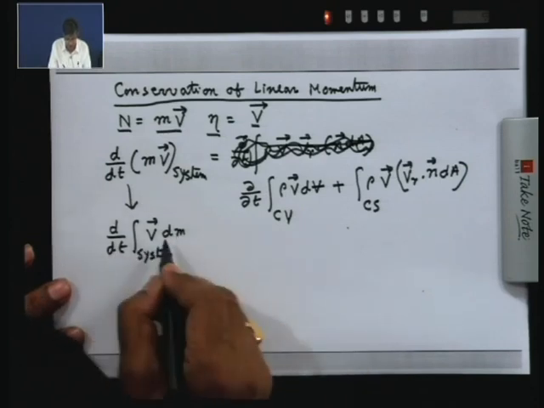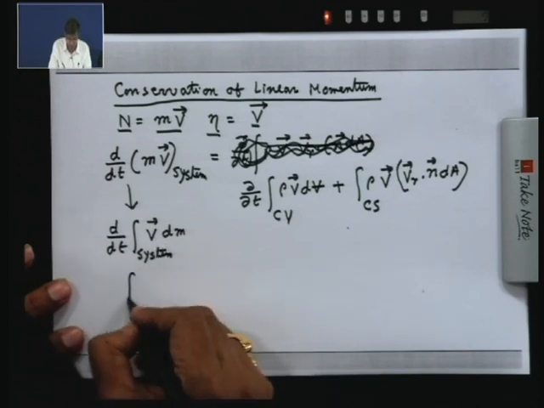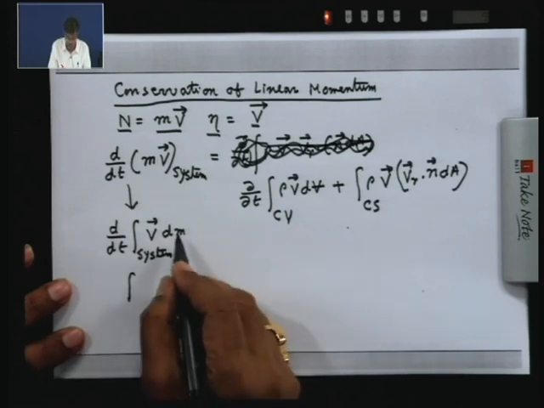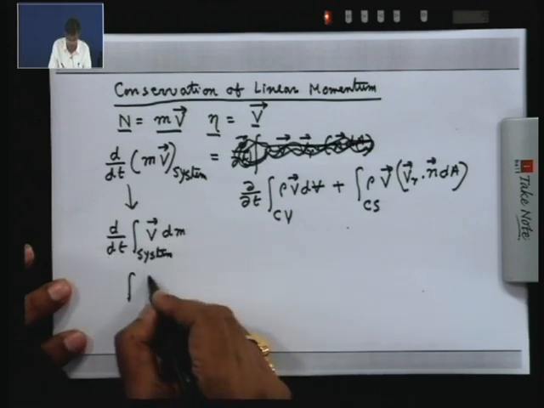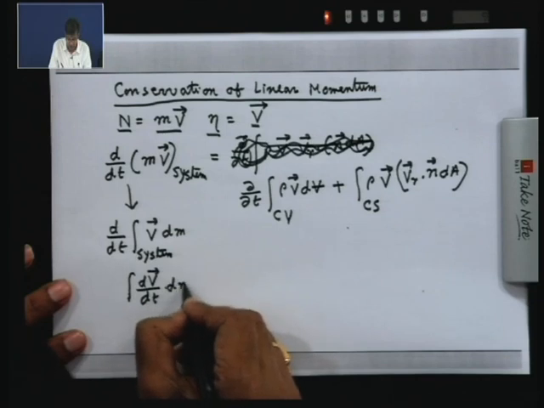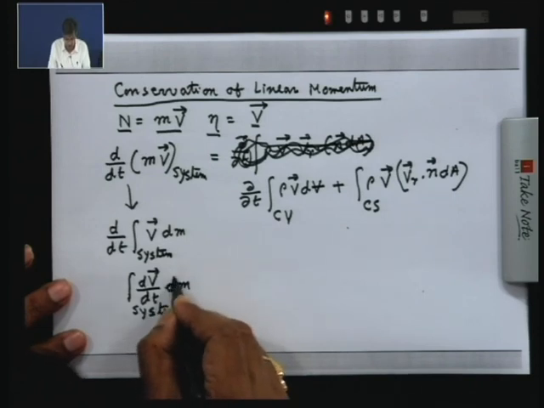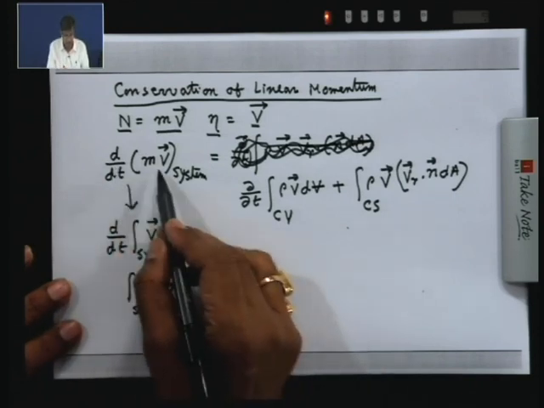And if we take the differentiation within the integration for a continuous function, since by definition dm or m of the system does not change with time, invariant with time, we can write dV/dt dm of this system. That means this is the same thing, d/dt of mV.